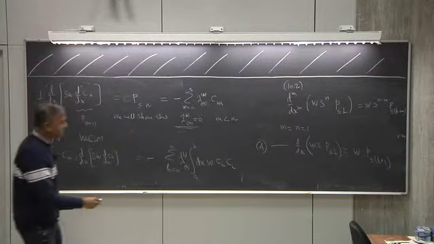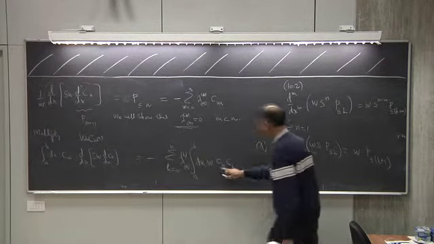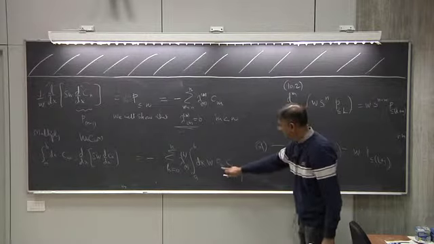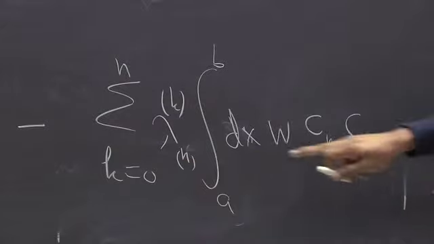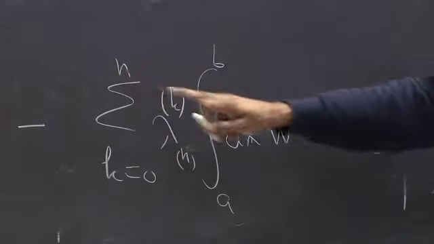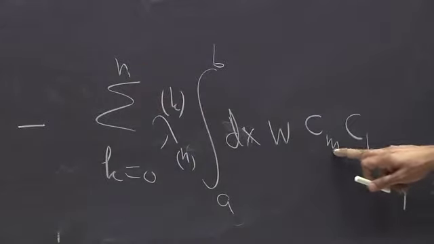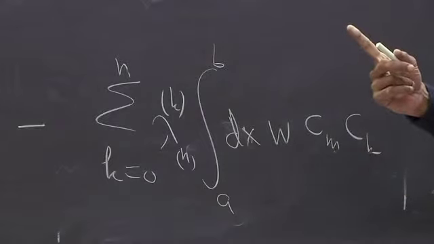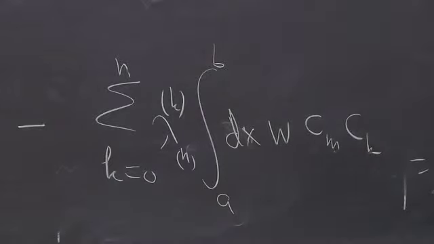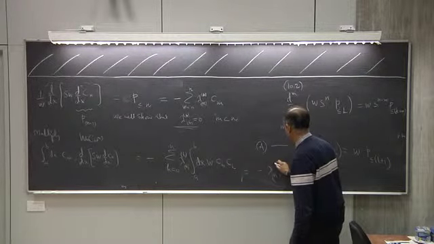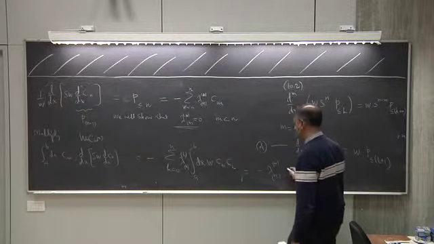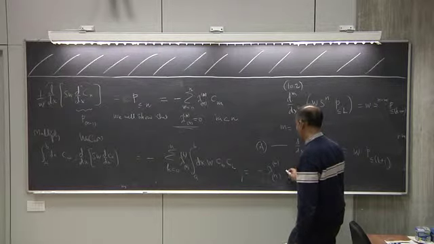But now look at the right hand side. These are orthogonal polynomials, so this will be non-zero only if m equal to k, right? So in this sum from k equal to 0 to n, the only term which will survive is k equal to m. There's only one term which survives here, right? So this gives you minus lambda_{nm} times the normalization.